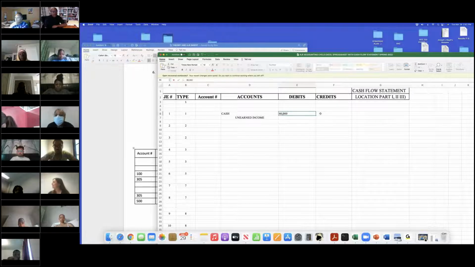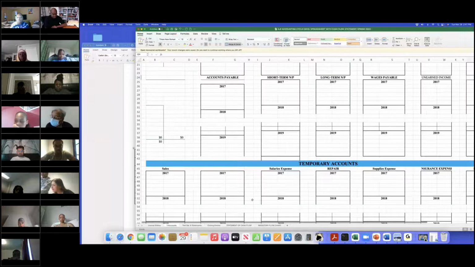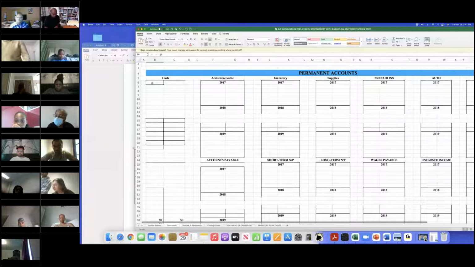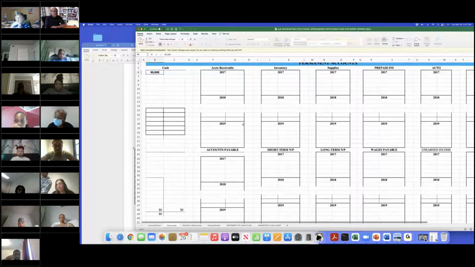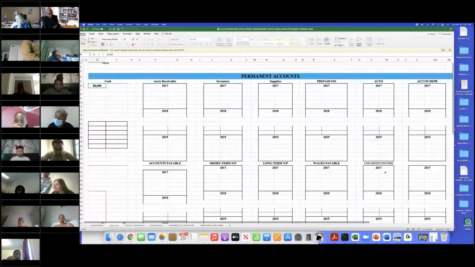And then if we wanted to post this, we go to our T accounts. In our T accounts with cash, there's a debit of $80,000. I put these in years because the accounts go on, but our problems are by year. So here we have unearned income, and in 2017, we'd have that credit for $80,000.